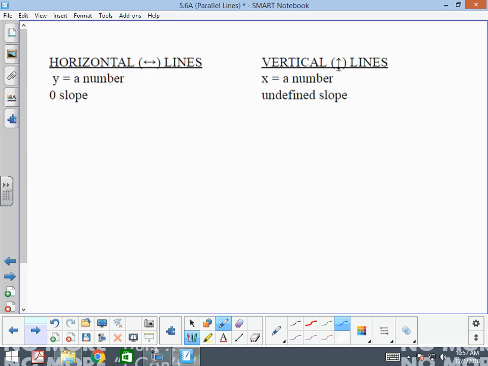The other two types of lines are horizontal lines and vertical lines. This is where I talked to you about Bucks-Hoy. If it's a horizontal line, then there's a y in the equation and it has a zero slope. If it's a vertical line, it has x in the equation and it's an undefined slope.